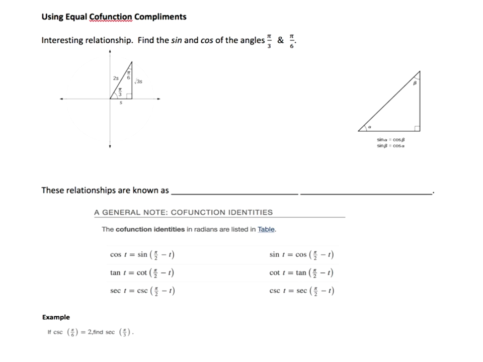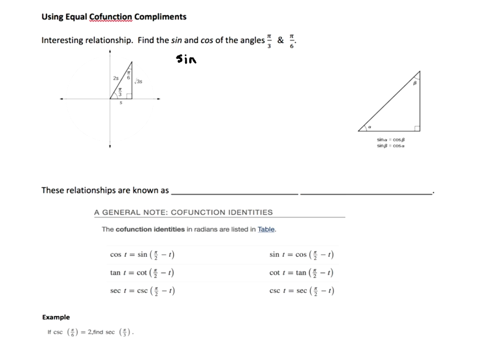Okay, so this is an interesting relationship that falls with a 30, 60, 90 triangle. And so I wanted you to find this relationship. So I'm asking you to find the sine of and the cosine of both pi over 3 and pi over 6.